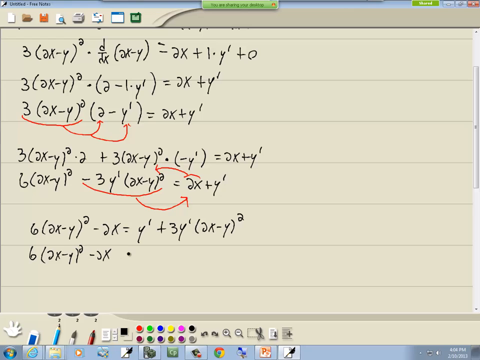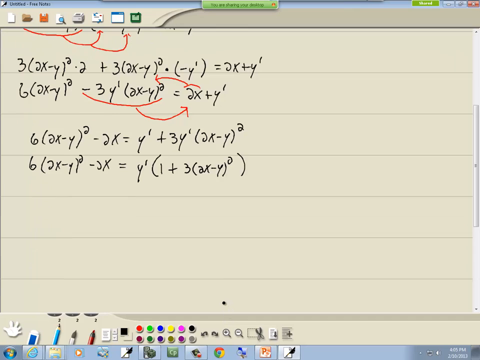Now we're solving for y prime, so I want to factor our y prime out of the right side. When I do that, this becomes 1 plus 3 times (2x minus y) squared. And to get y prime by itself, we're going to divide both sides by what's behind our y prime. So we'll divide both sides by 1 plus 3 times (2x minus y) squared.